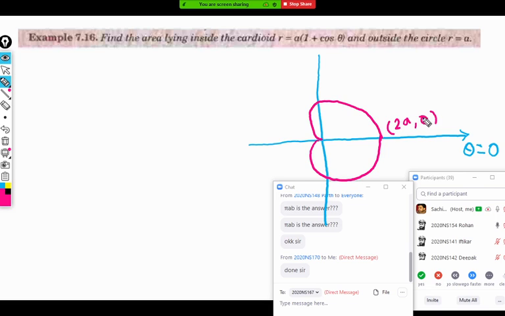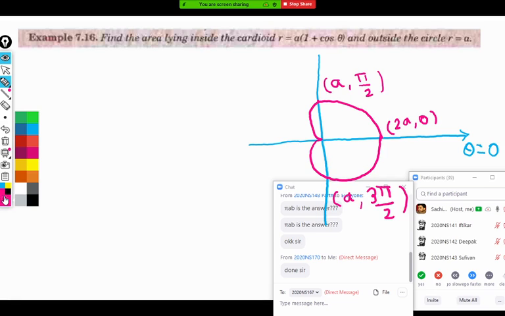And what about this? 0, comma a. Oh, sorry, we are in polar now. And this is actually 0 comma pi, but we do not require it right now.